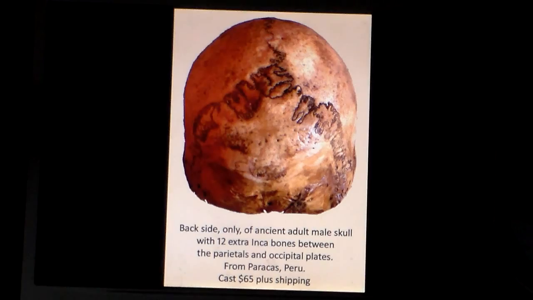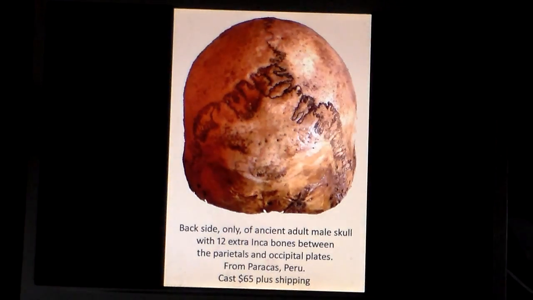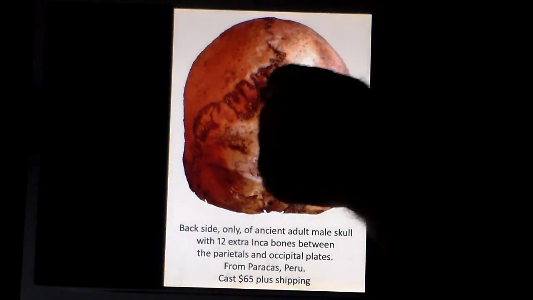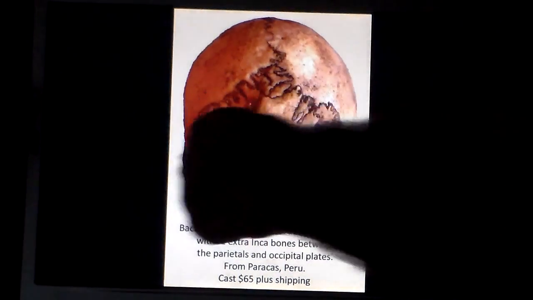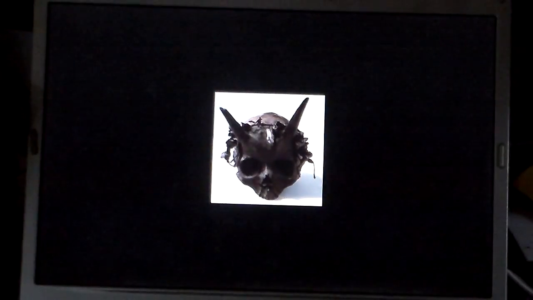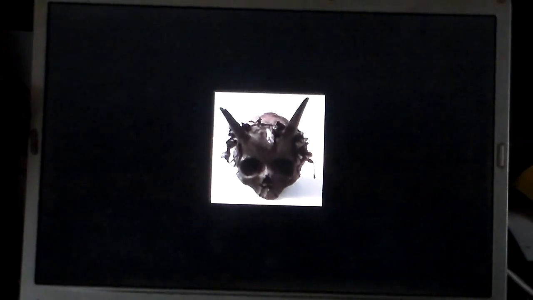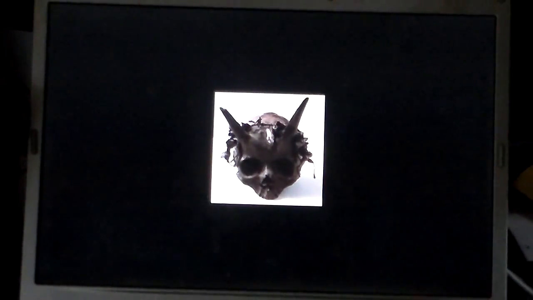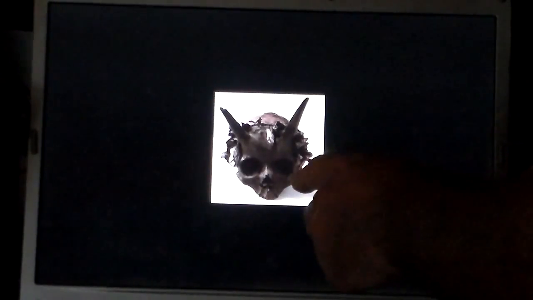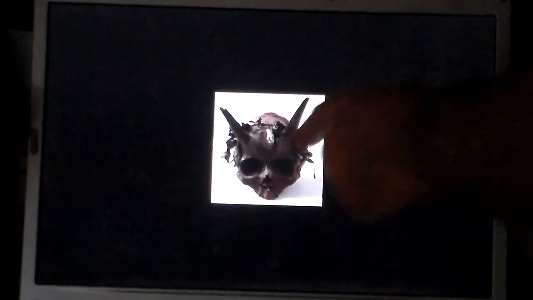These are casts made by Joe Taylor, and it's showing that not only do they have an odd shape to their occipital bun, elongated, but also different suture lines, which are entirely different from normal humans. Here's another one that was found. This was excavated with giants, by coincidence, obviously. And it is obviously a hybrid human with horns.